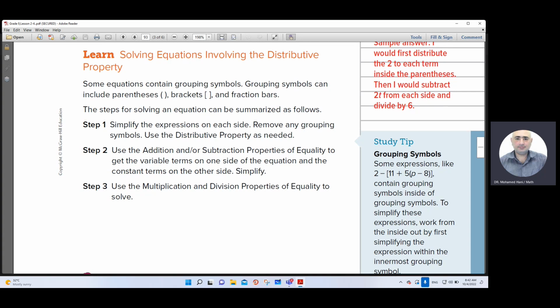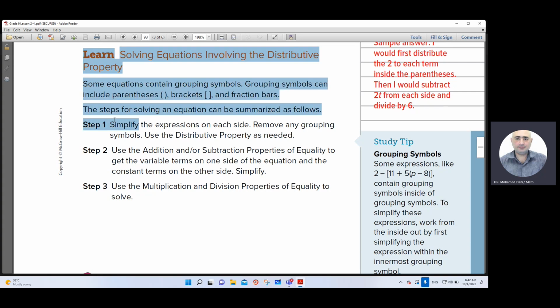Then use the addition and/or subtraction properties of equality to get the variable terms on one side of the equation and the constant terms on the other side. Simplify. The last step: use the multiplication and division properties of equality to solve.